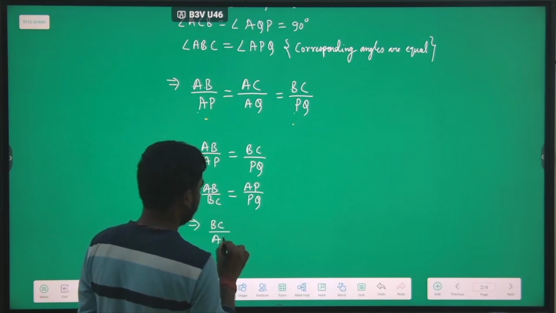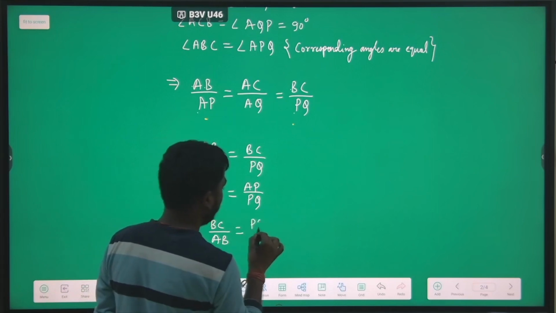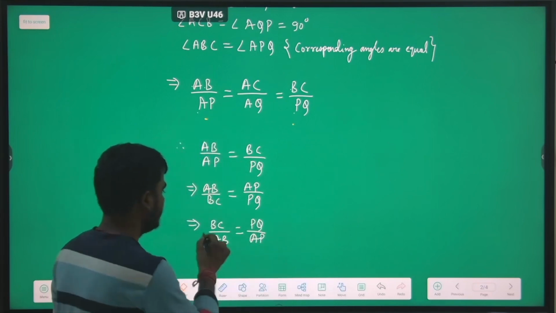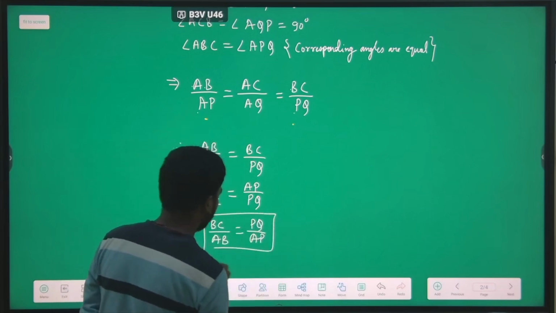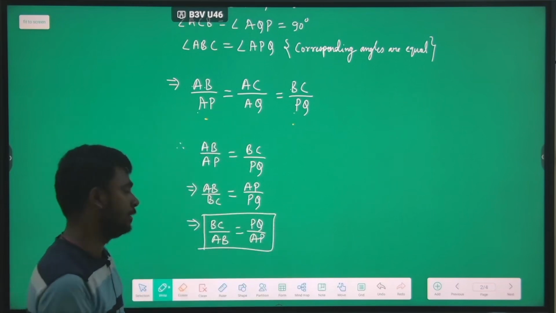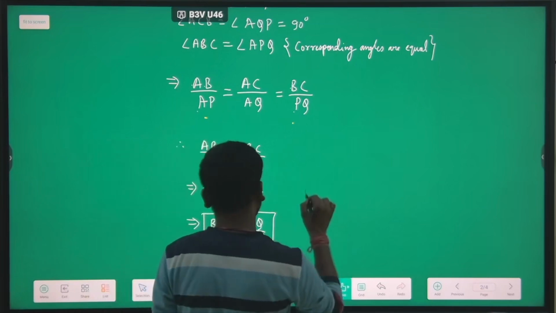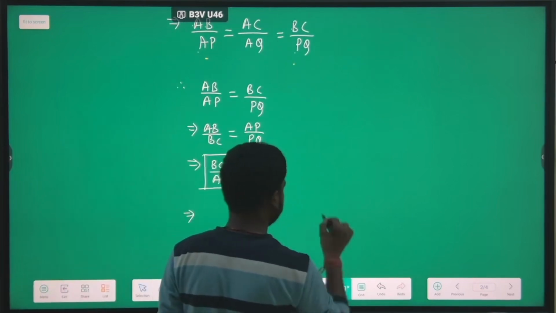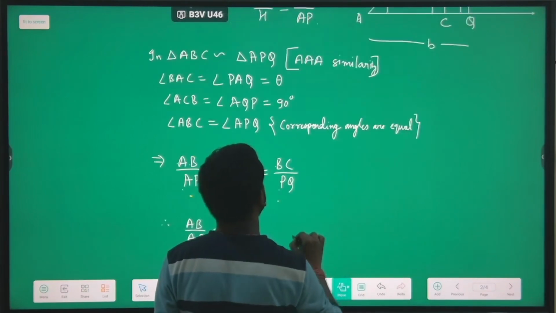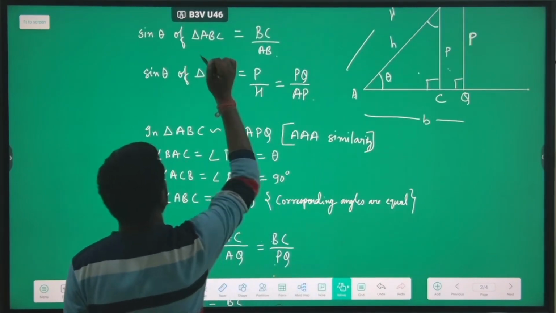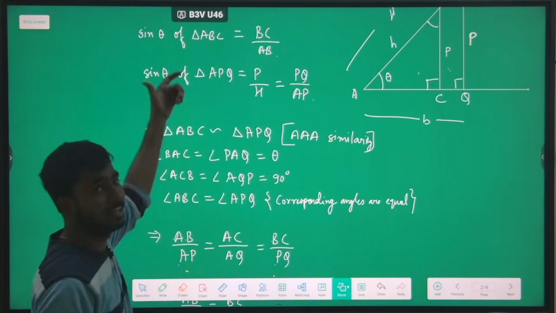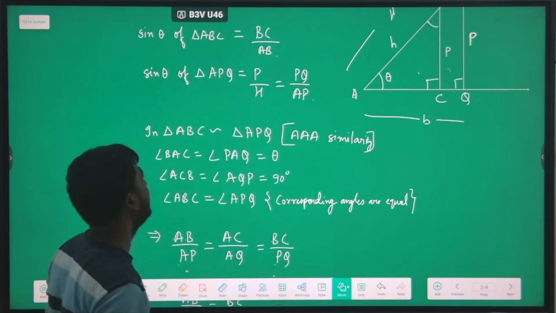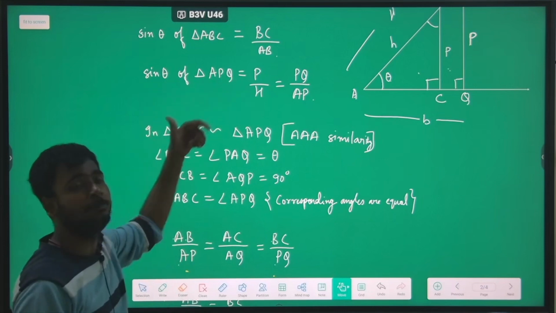BC by AB is equal to PQ by AP. So we got what we wanted. So what is BC by AB? Our BC by AB is sine of angle theta of triangle ABC, and similarly PQ by AP is sine of angle theta of triangle APQ.